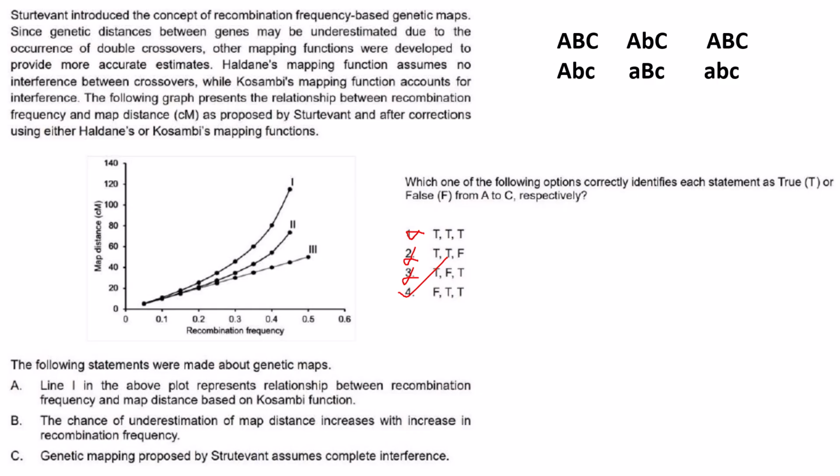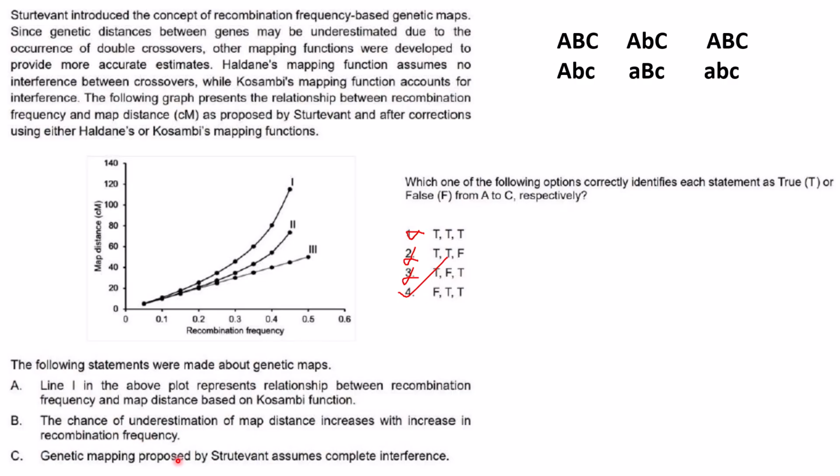Then next one. The chance of underestimation of map distance increases with increase in recombination frequency. Yes, as recombination frequency increases, double crossovers will take place as I have mentioned here, and it will result in underestimation of the genetic map distance.